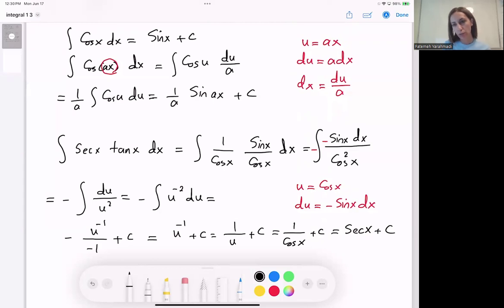Students tend to memorize these formulas. You can memorize this formula, or you can use substitution to see the calculation behind this and get to the final result. Well, you could also take the derivative of secant x and show that the derivative of secant is equal to secant tangent to verify your formula as well.